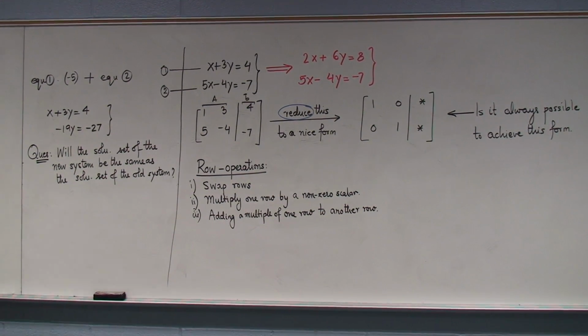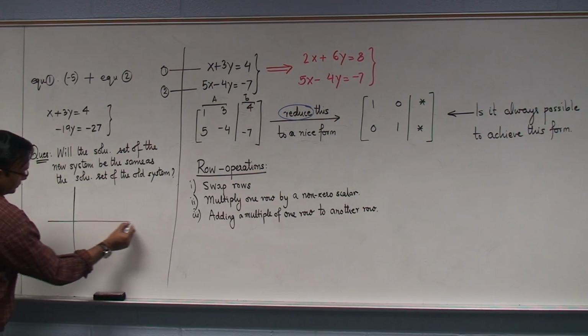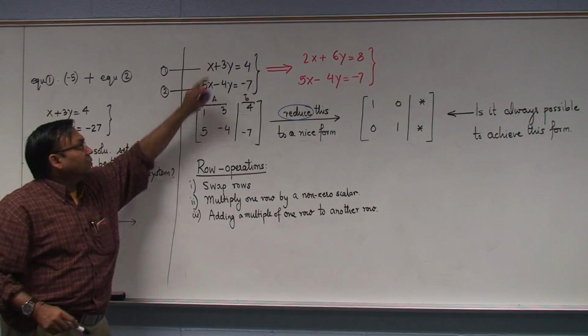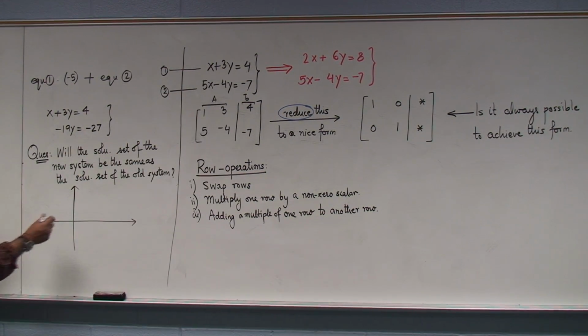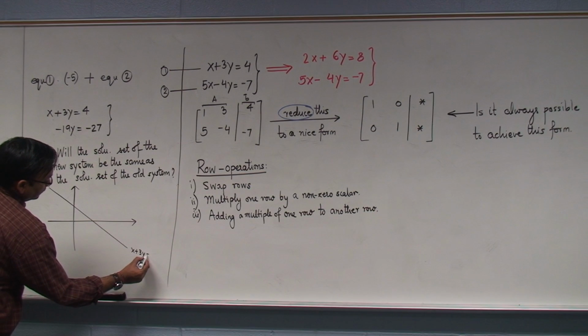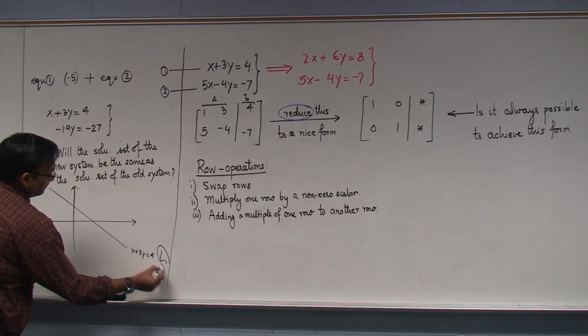So, of course, there's an algebraic way to understand this, but let me share with you the geometric way of doing this. So, imagine we are trying to plot these lines. Let's look at this line, x plus 3y is equal to 4. Perhaps it is something like this. And let me give this line a name, L1.